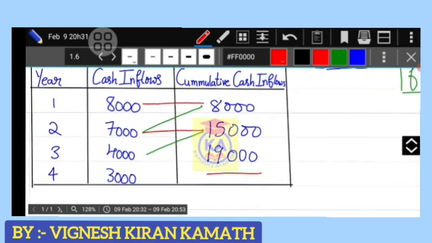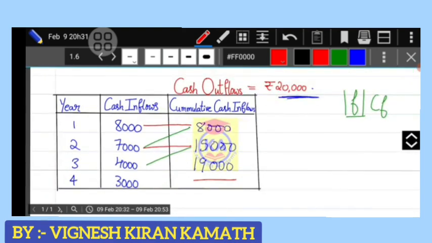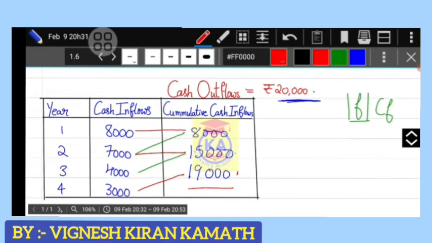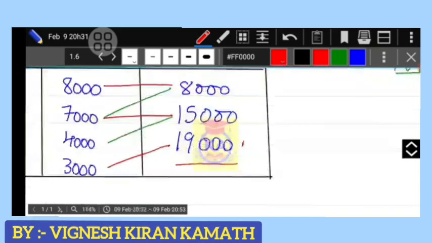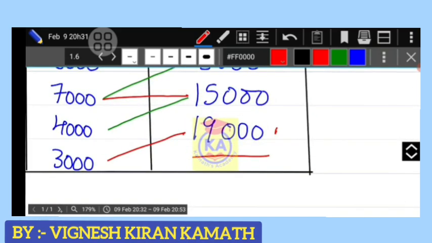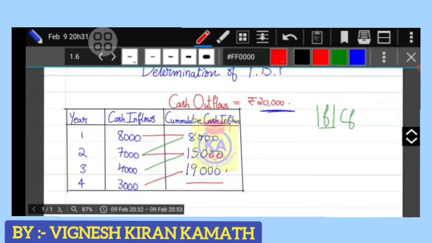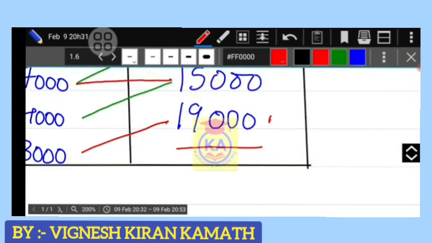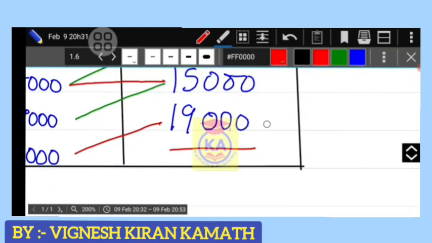When the cumulative value is exceeding 20,000, you have to put a dash there. See, if I add 19,000 and 3,000, the sum will be more than 20,000, so I am putting a dash here. I hope you are clear with this.